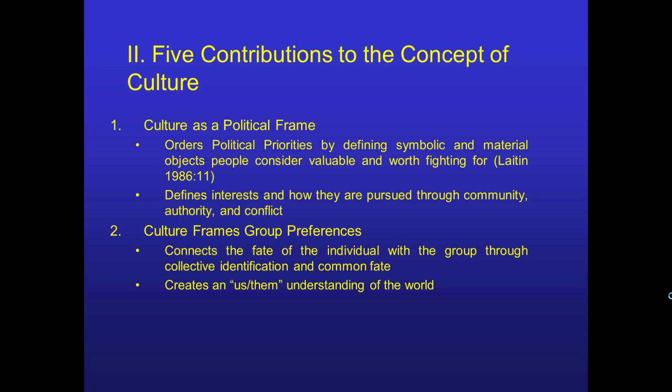Us versus them. We, the good guys, them, the bad guys. And I don't want to give a good or bad connotation here, but there always has to be an other. There always has to be a non-group member or a non-group group. If there is no other, there really is no identity, right?